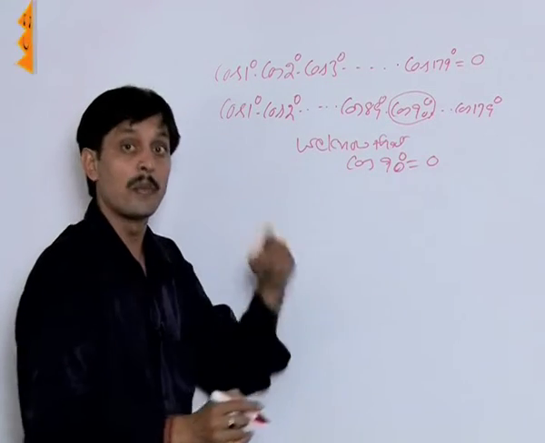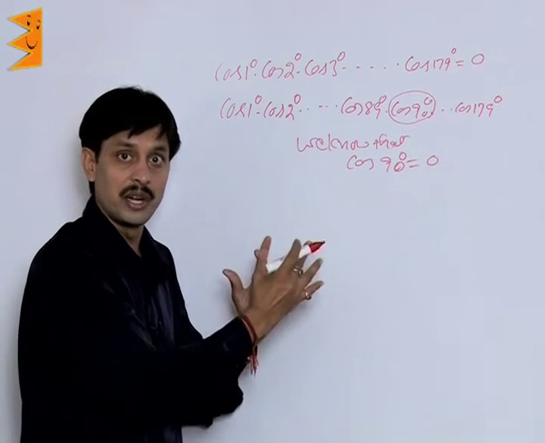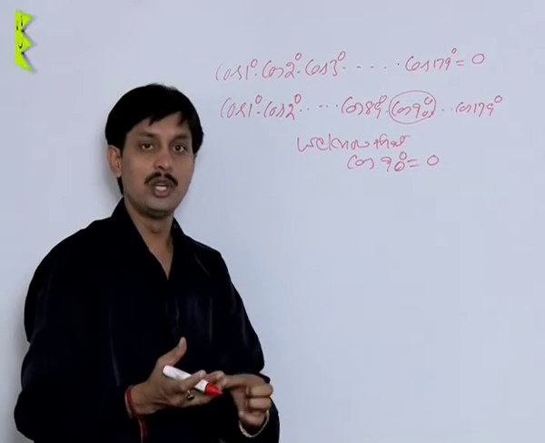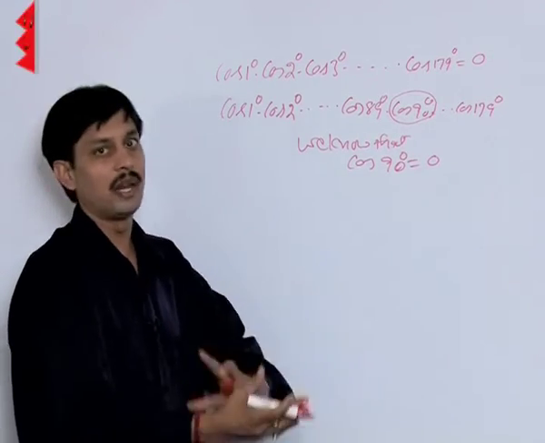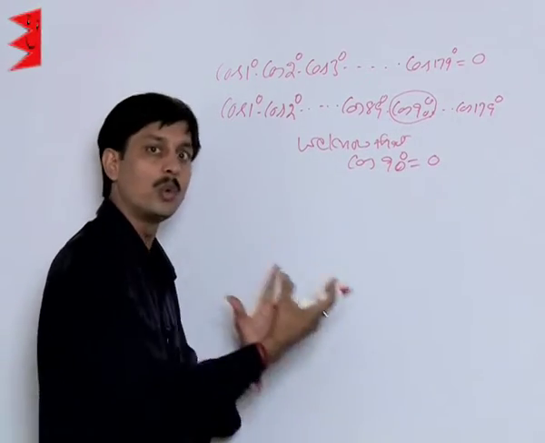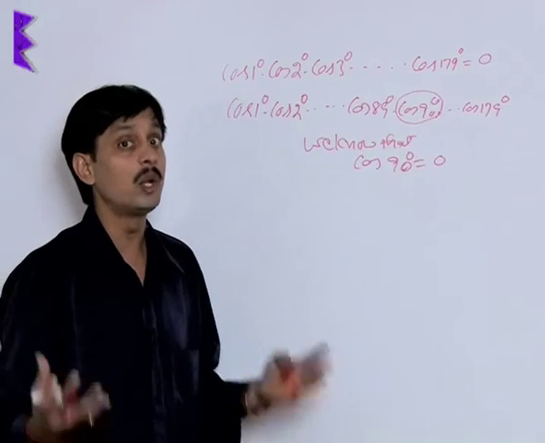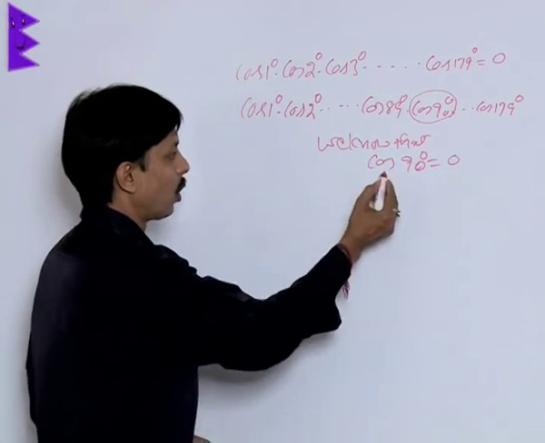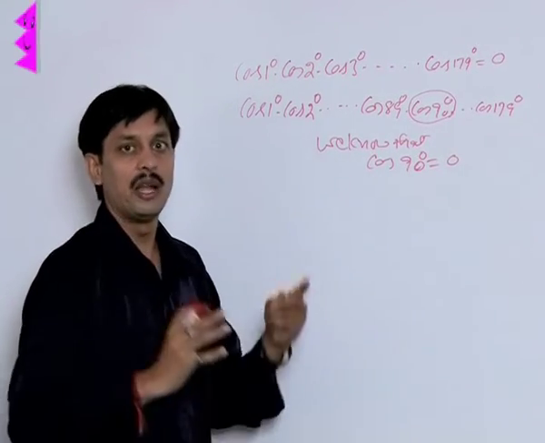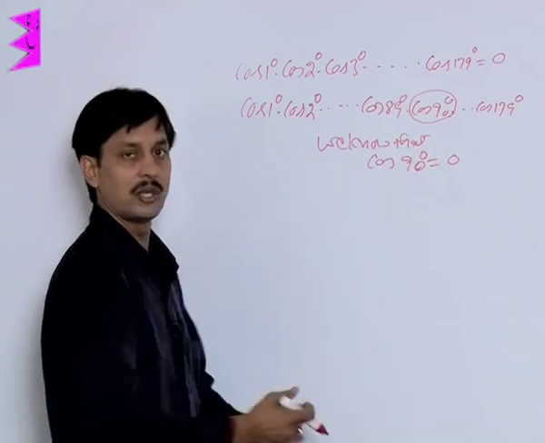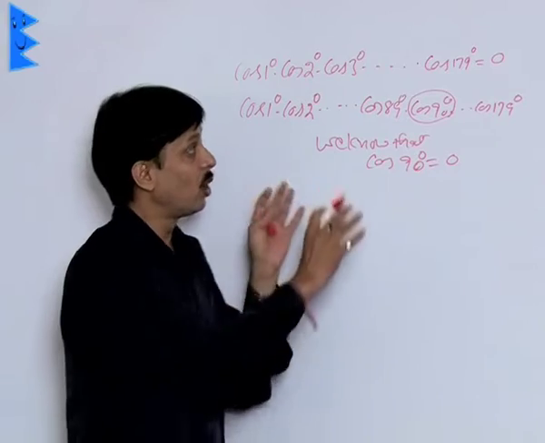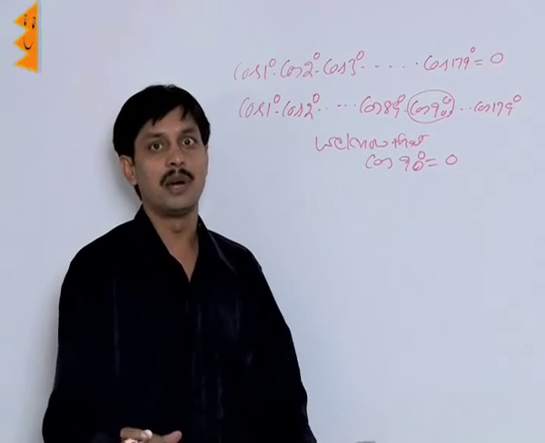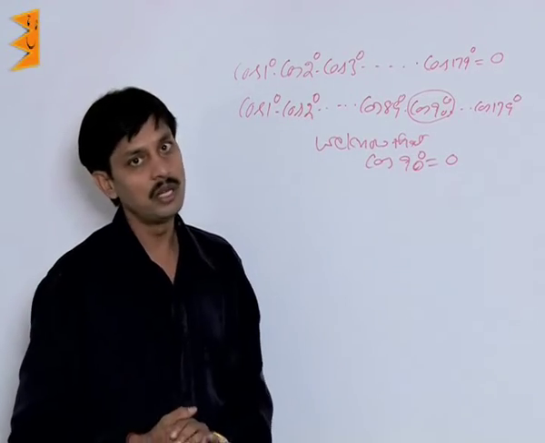We know that the value of cos 90 degrees is 0 from the table which we have shared with you, the standard angles 0, 30, 45, 60 and 90. The trick of the table and how to remember and use it has already been told to you in detail. So cos 90 degree is 0, and the principle of multiplication is that if 0 is multiplied with any number of numbers, the answer comes out to be 0.